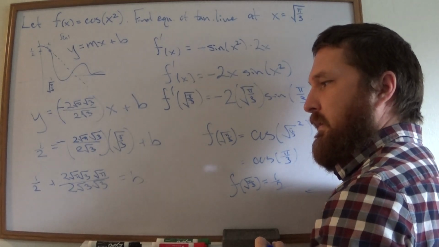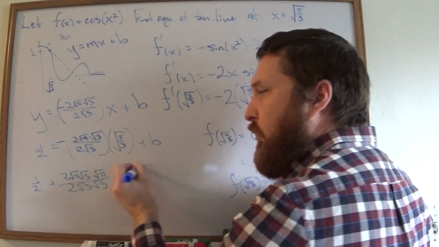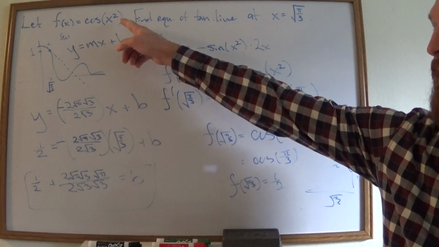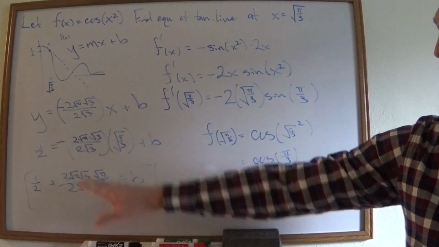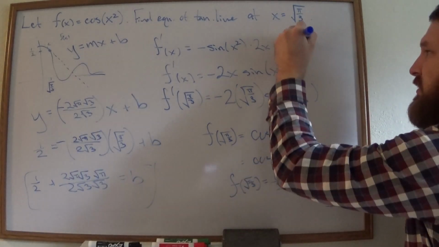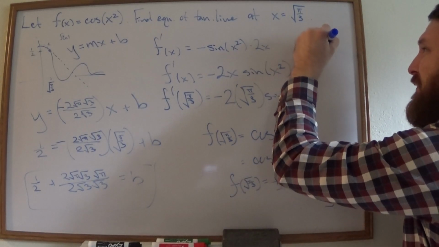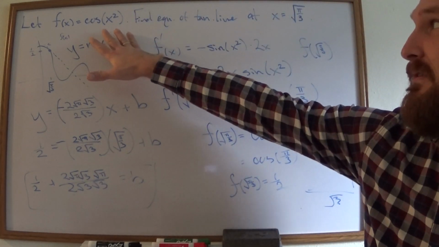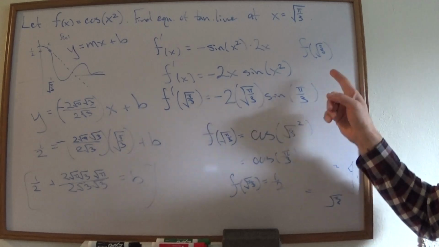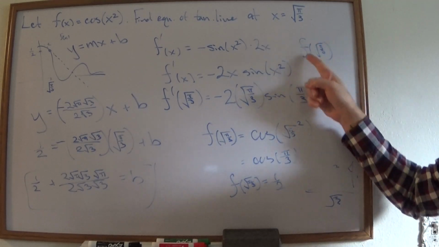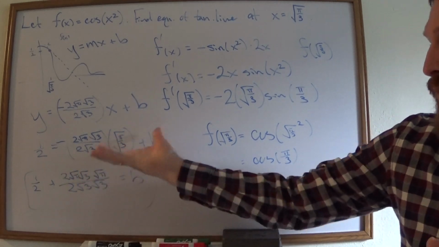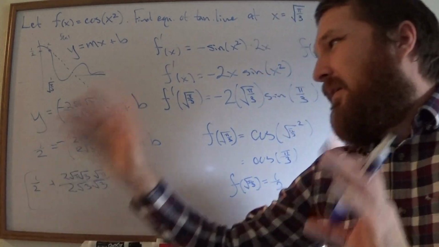And I'm doing this deliberately. I want this to look really ugly because it does not matter how crazy your function is. You'll have some value, and maybe that value is just f of root pi over 3. If you're working with a really crazy function, evaluating it might be too much, but you could say, well, whatever that value is, it's going to show up right here. You see what I'm saying?